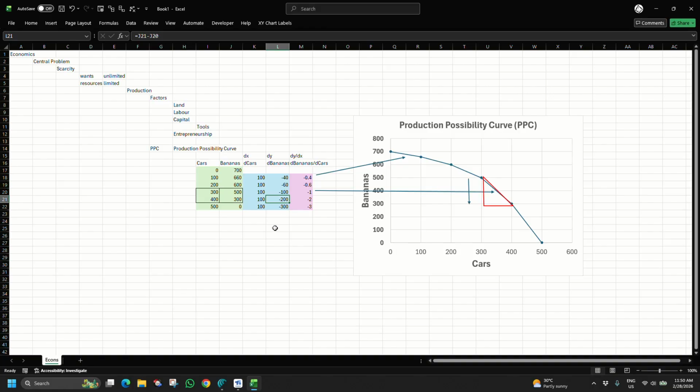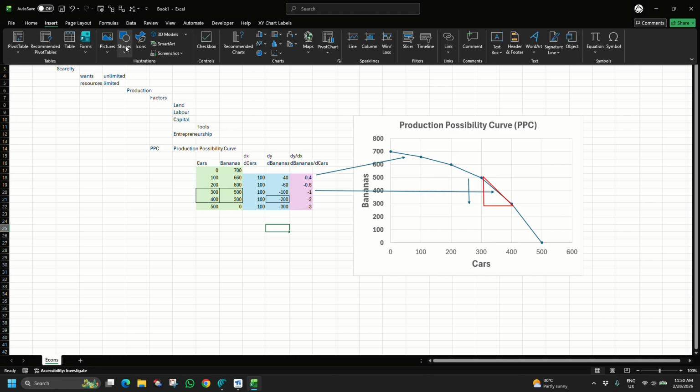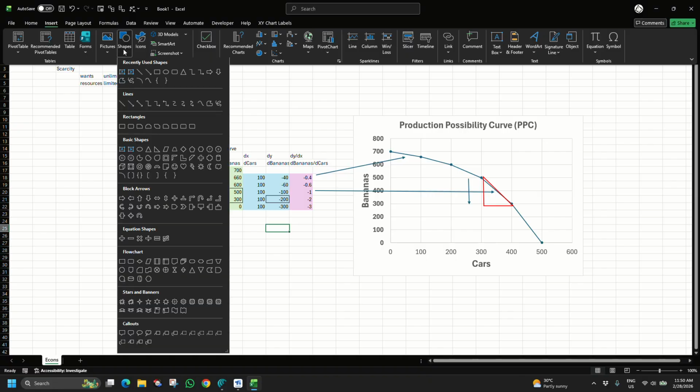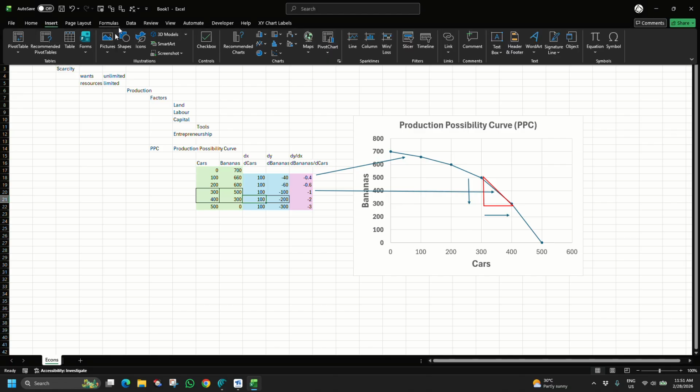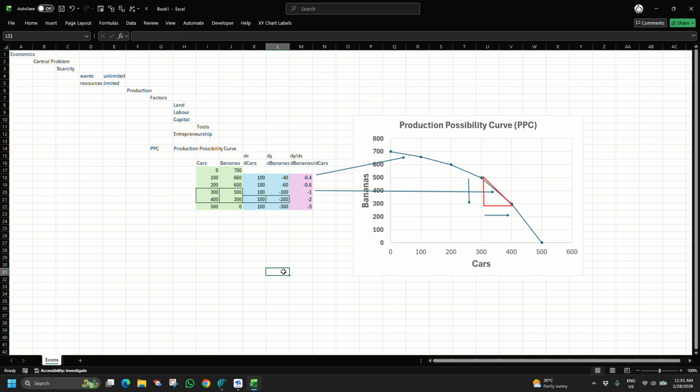So I box it, and then we increase by going to the right, the 300 to 400 cars. Then I box it here, right? So if I just try to insert, okay, you get the idea.